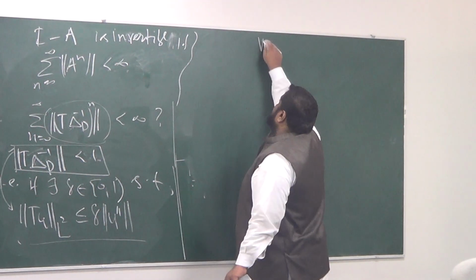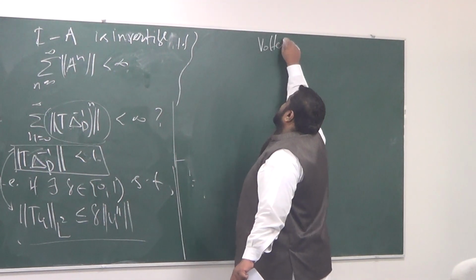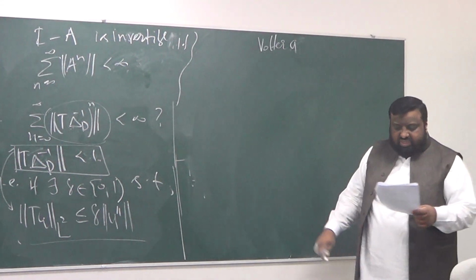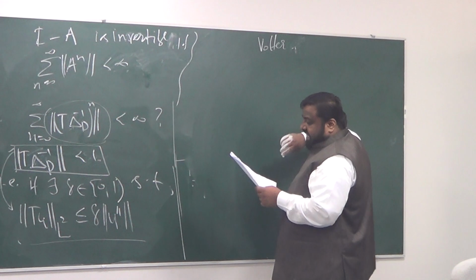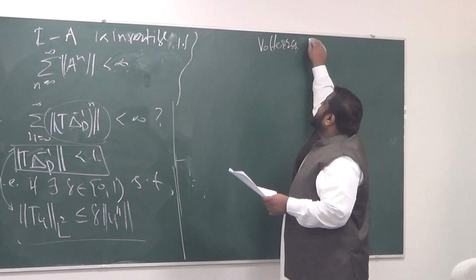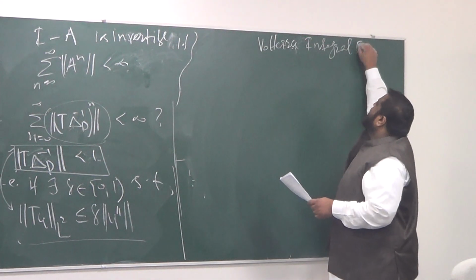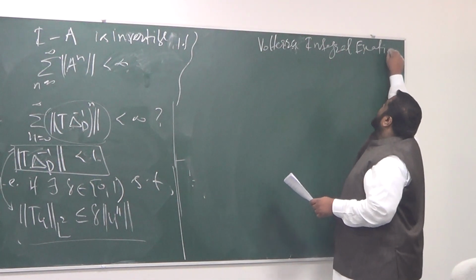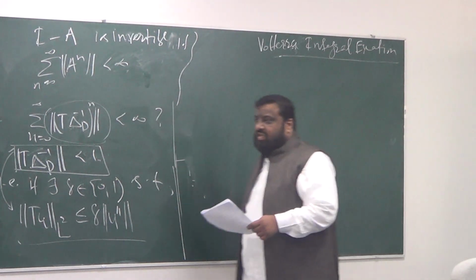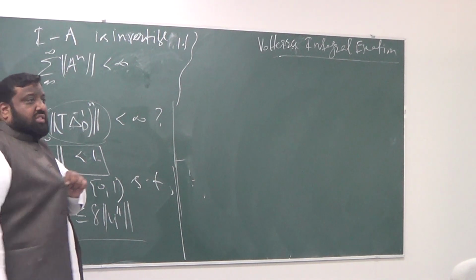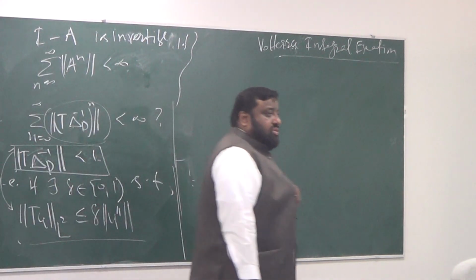I would like to discuss a type of integral equations which is called Volterra type integral equations. And I'm going to use these two lemmas to show that Volterra type integral equations, under certain conditions, have a solution.